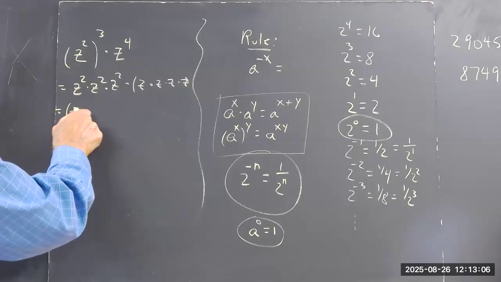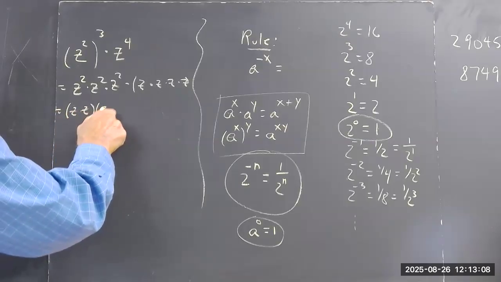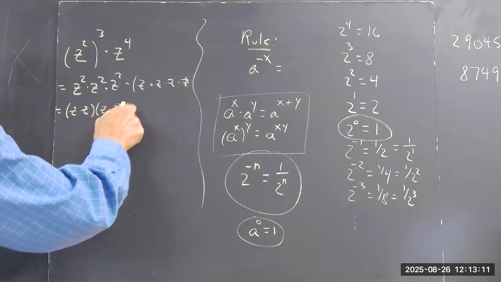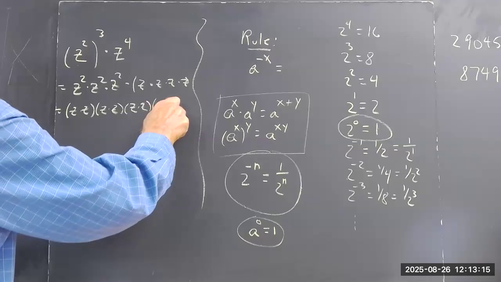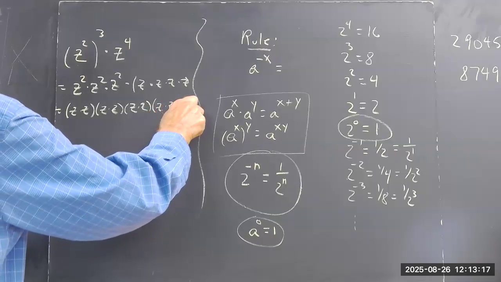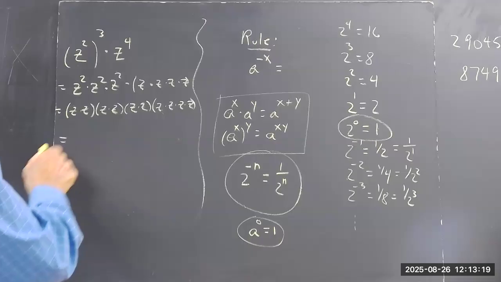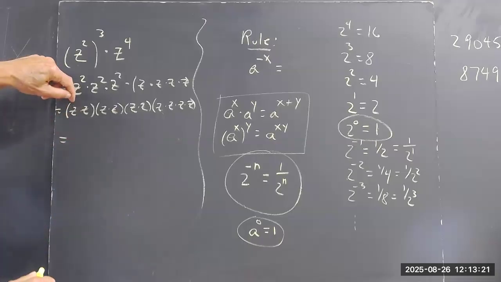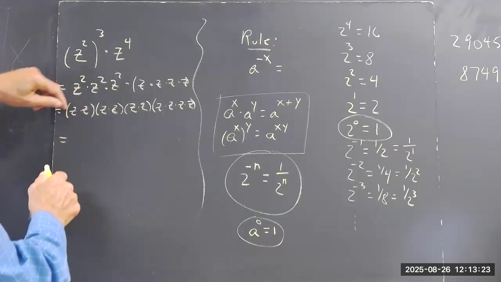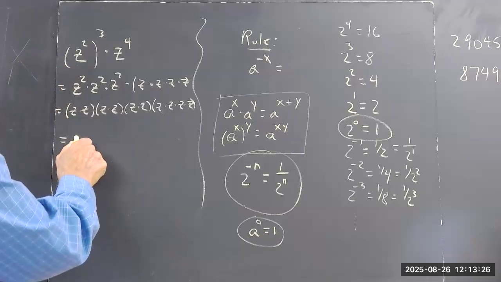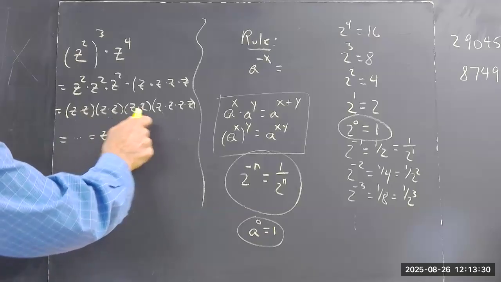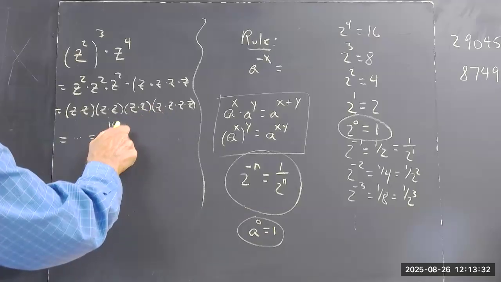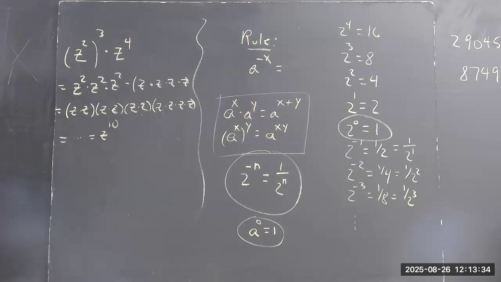And then I'm going to write it out as z times z multiplied by z times z multiplied by z times z, and so on. And then I can just count the z's. Of course, we can remove the parentheses. That's going to be 6 of them here and 4 of them here. That's going to be z to the 10th, right?